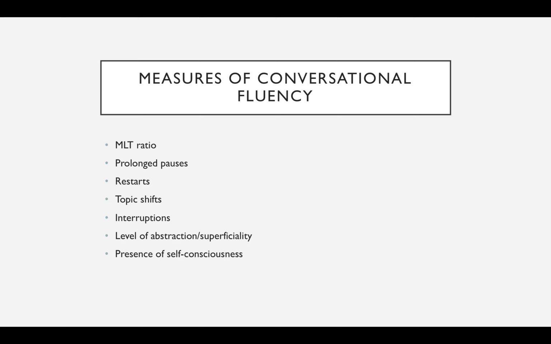And then the presence of self-consciousness, if you can see that that person has a lot of anxiety when it's their turn to speak or just not really confident in what they're hearing. And then their degree of understanding after the conversation has been completed.